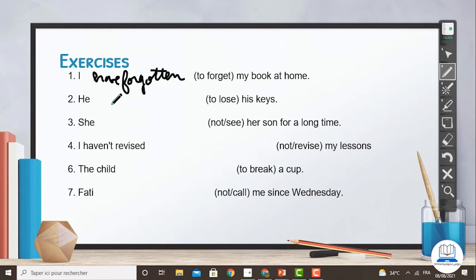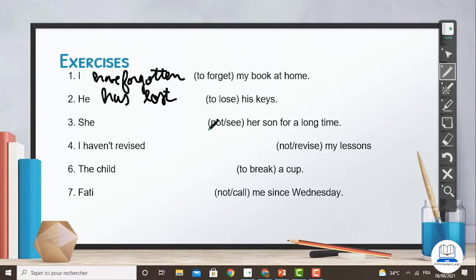He. Have became has. He has. The past participle of the verb to lose is lost. He has lost his keys. Sorry.